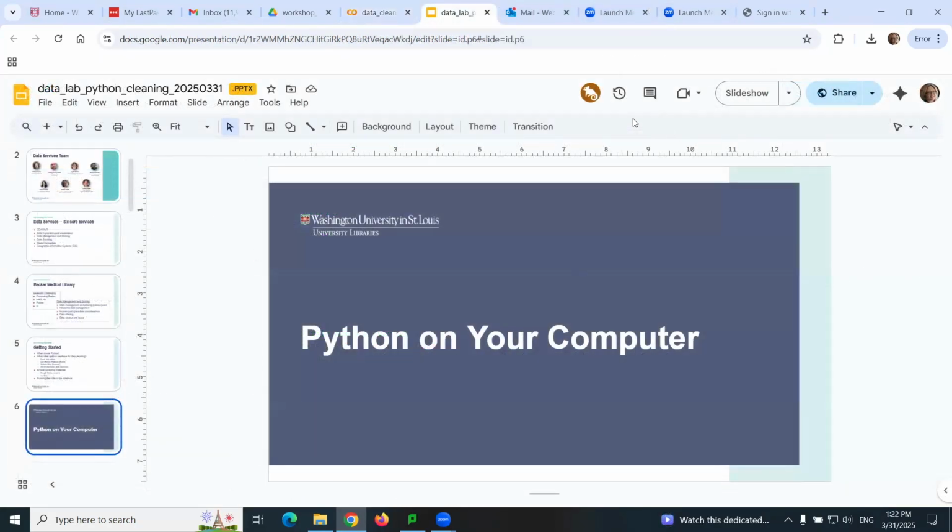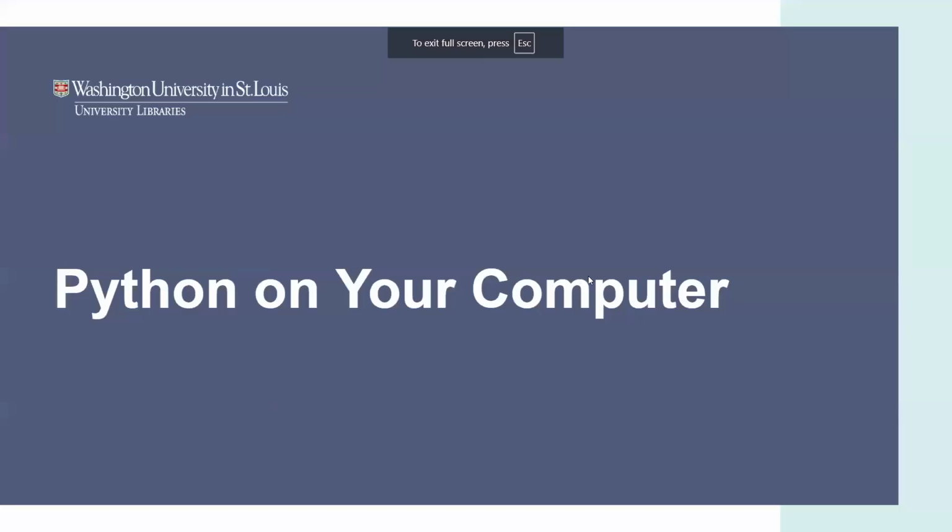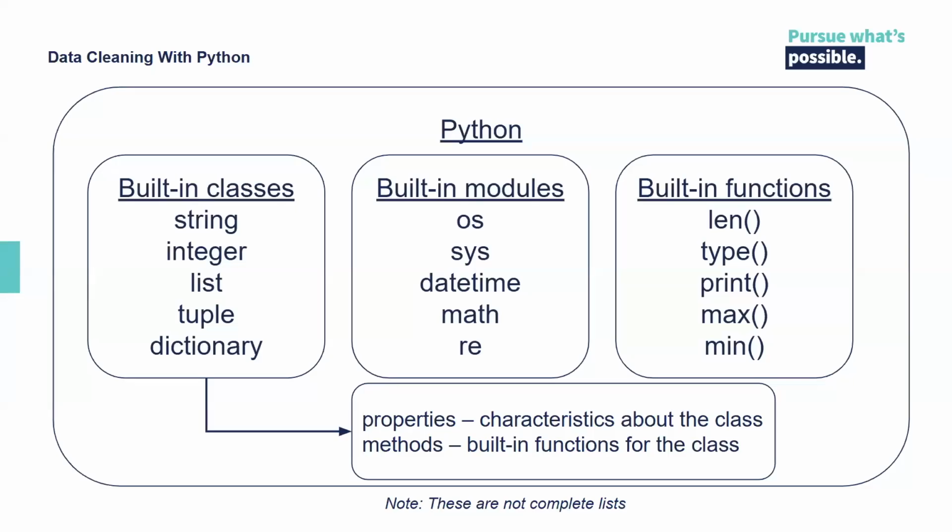A few more things. Like I said, you may already have some experience with Python, but I just want to make sure that we're all on the same page in terms of what Python is and what it means to have Python on our machines. When you install the language of Python, which you can do by going to python.org and installing it on your own machine, when you install what we call base Python, there's going to be some built-in things that come along with it.